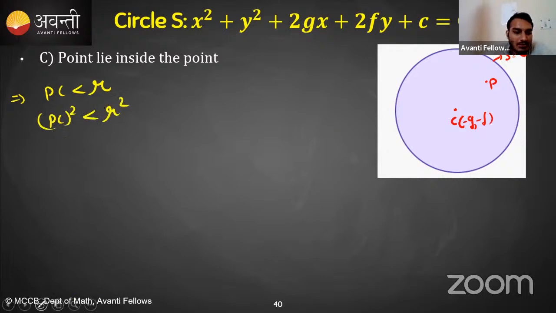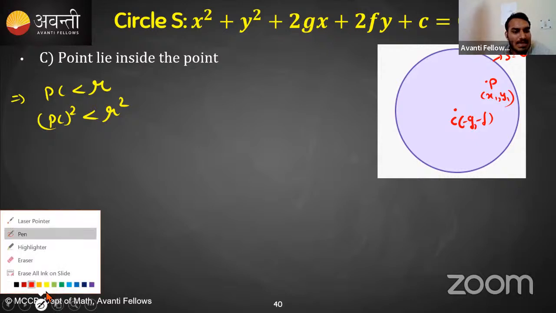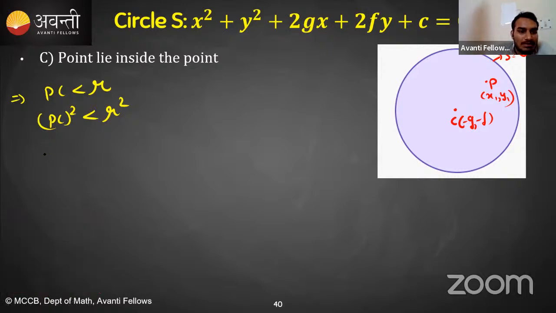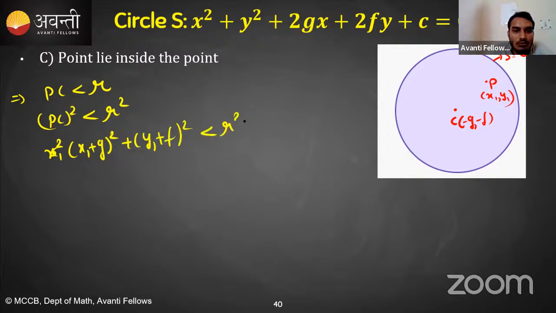Point P is x1 comma y1. In exactly the same way, you get x1 plus g whole square, the distance PC squared, plus y1 plus f whole square, less than R square.